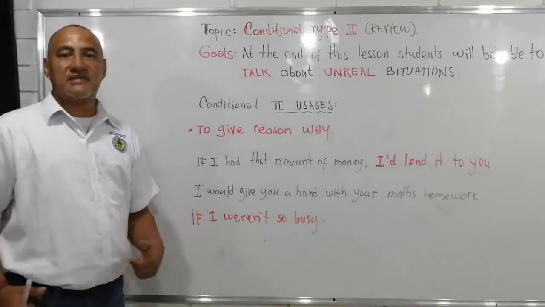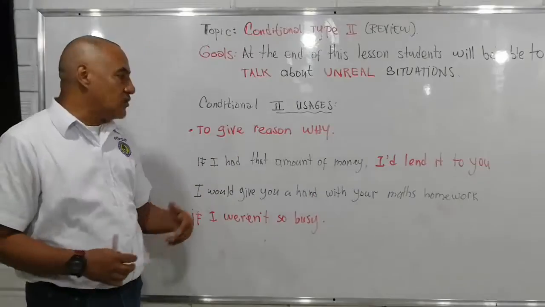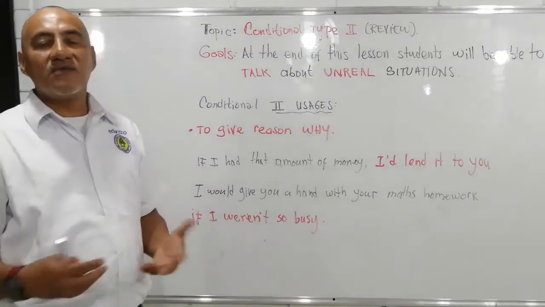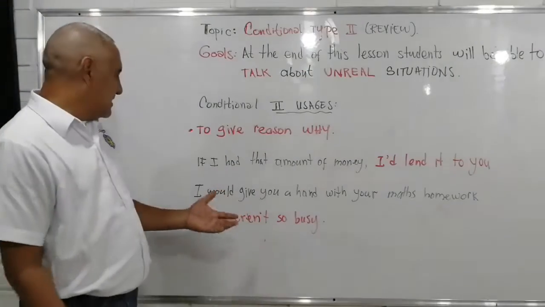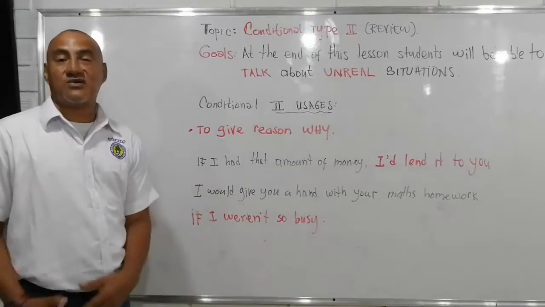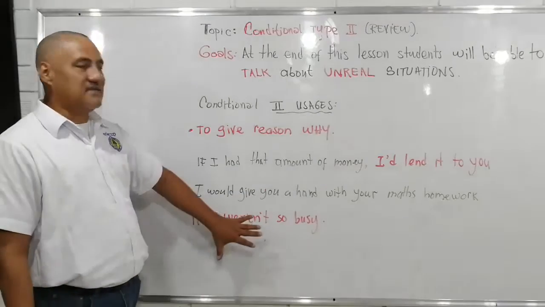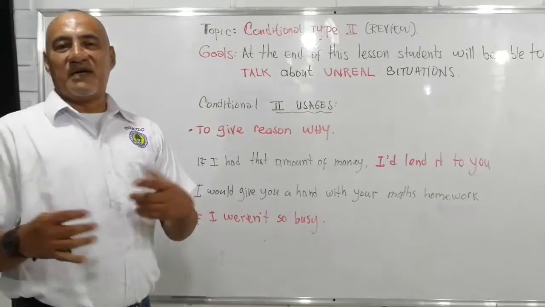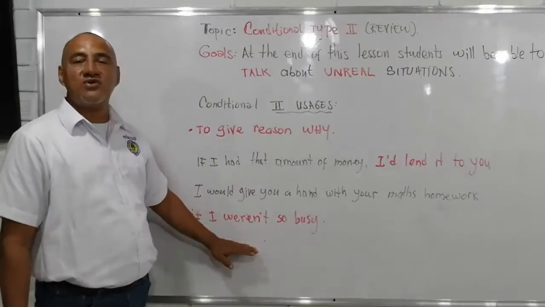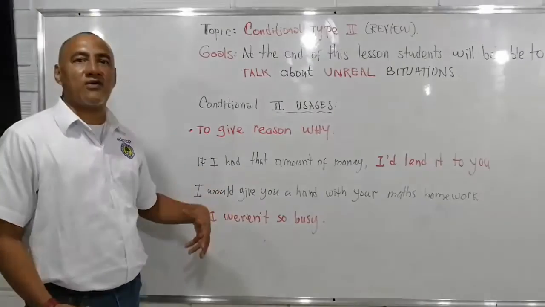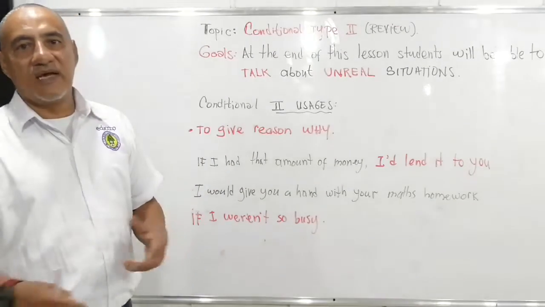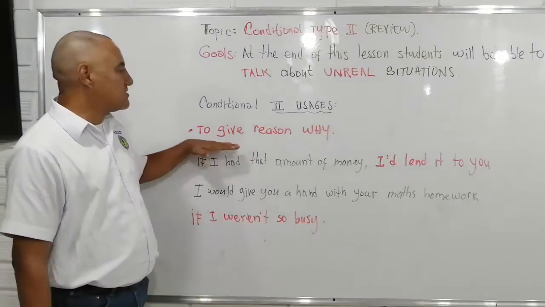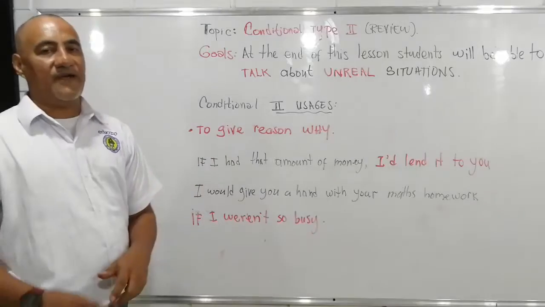The second example is, I would give you a hand with your math homework, o sea, te ayudaría con tu tarea de matemáticas, if I weren't so busy. Alright? This is the reason why I cannot help you with your math homework. Why? Because estoy muy ocupado. Si no estuviese muy ocupado, te ayudaría entonces con tu tarea de matemáticas. This is the way we use the second conditional to give reasons why.